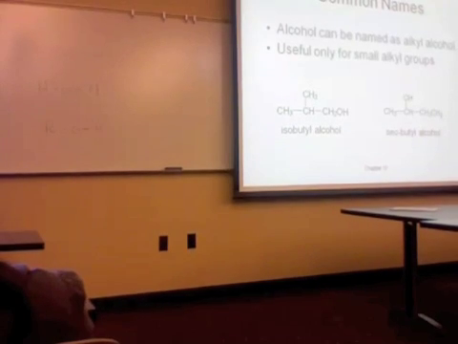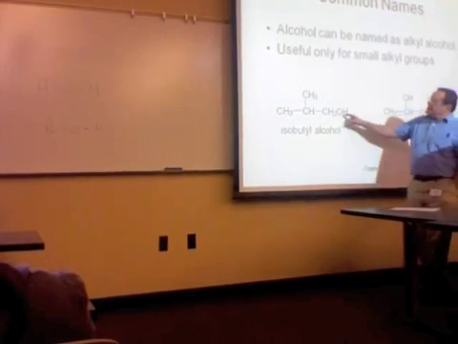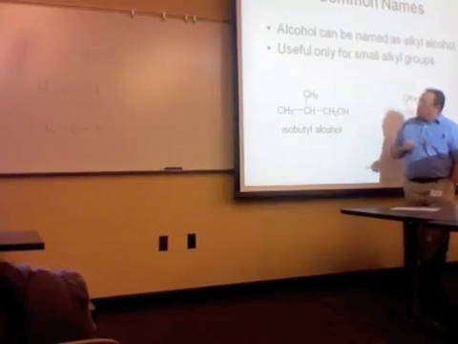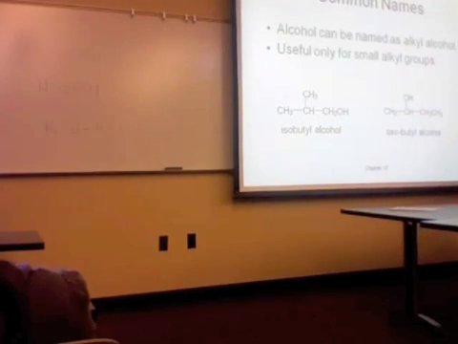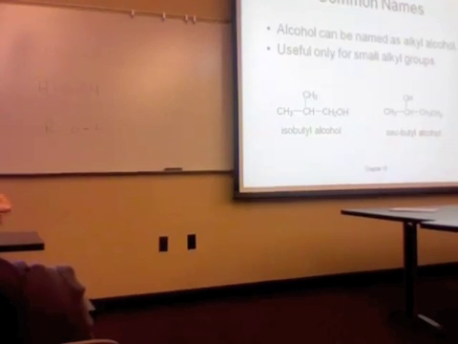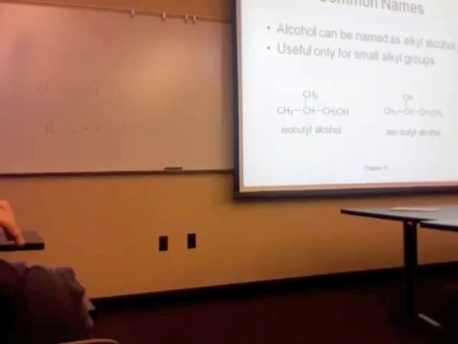There are also a lot of common names. This is isobutyl alcohol. What does the iso mean? It means a methyl branch, 1 carbon in from, if we're in biology, we call it the distal end. Okay, you understand what I'm saying?